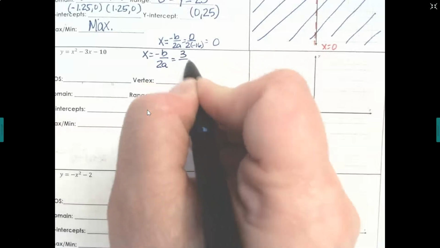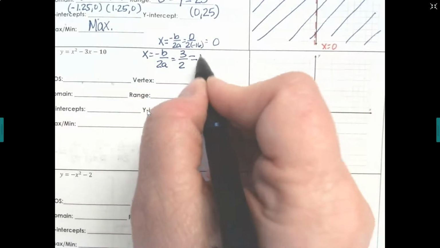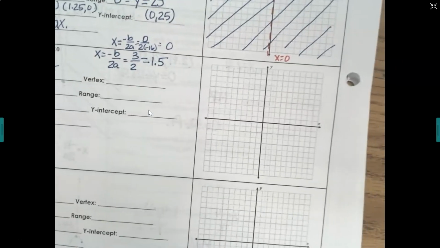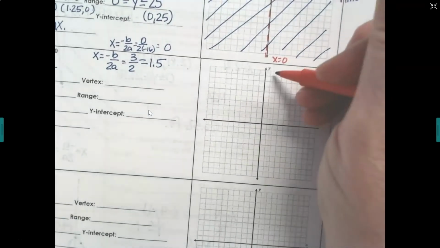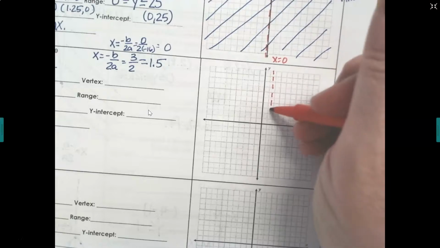We're going to have x equals negative b divided by 2a, which is 3 divided by 2 times 1. So I got a positive 1.5. We have an axis of symmetry that's not on a whole number, but that's okay. 1.5. So I'm going to go draw it in over here. I'm going to go halfway between 1 and 2, and I'm going to draw it right there.